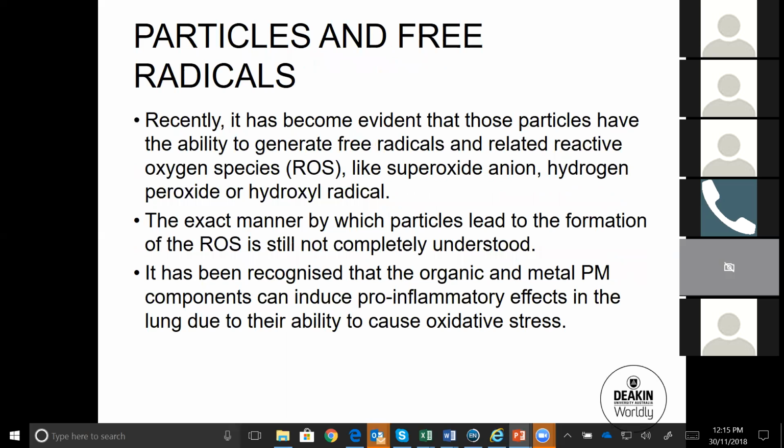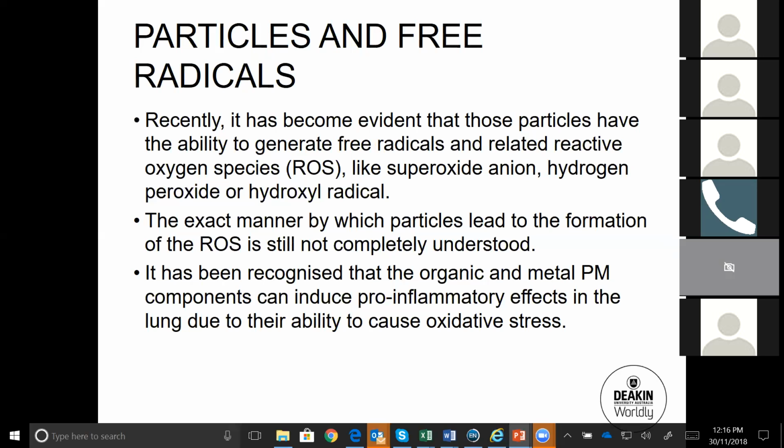Why this is important is that recently it has become evident that particles coming from the pollution have the ability to generate free radicals and related reactive oxygen species like superoxide anions, hydrogen peroxide, hydroxyl radical, organic peroxides, etc. And their action is in the exact manner by which we have described what is happening when we have an abundance of ROS.